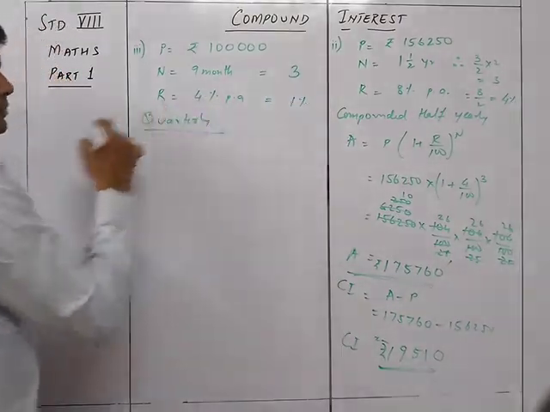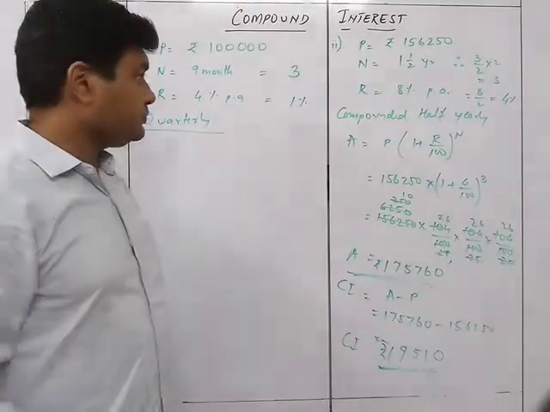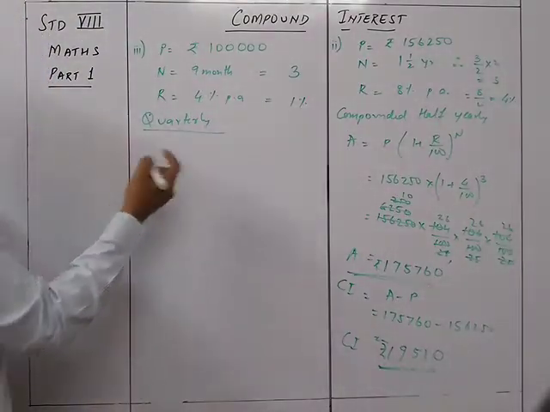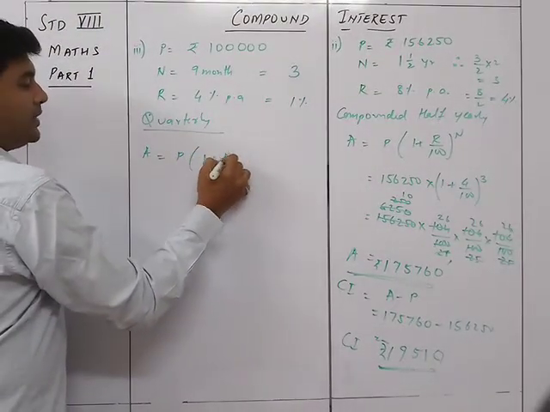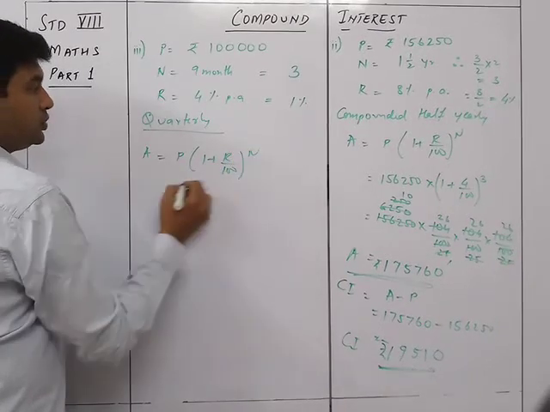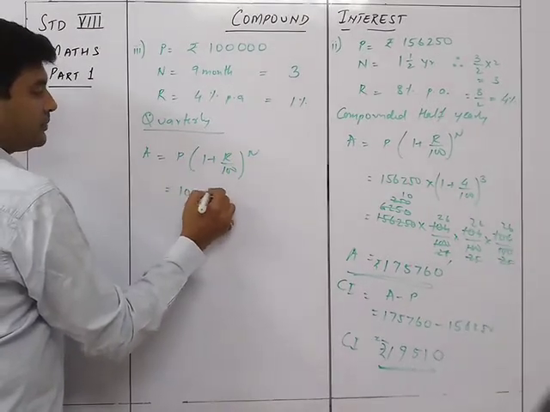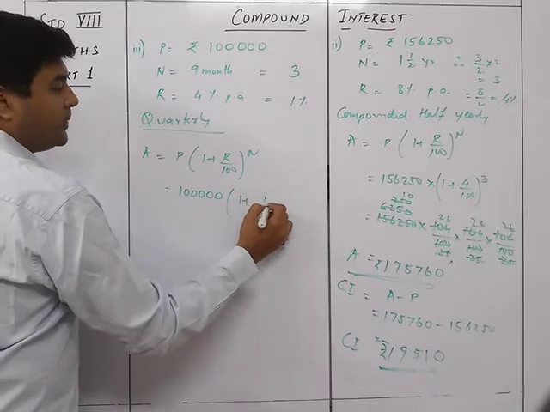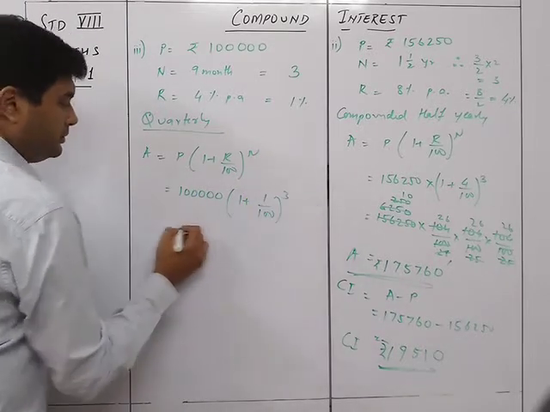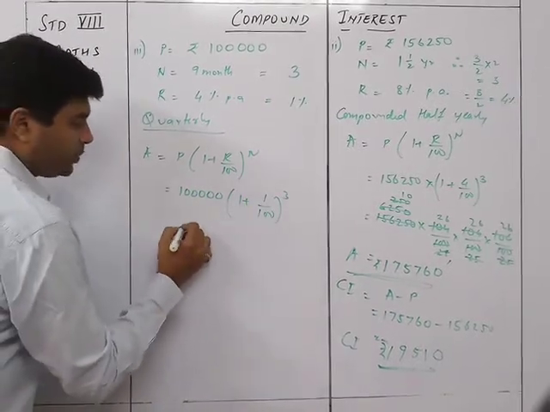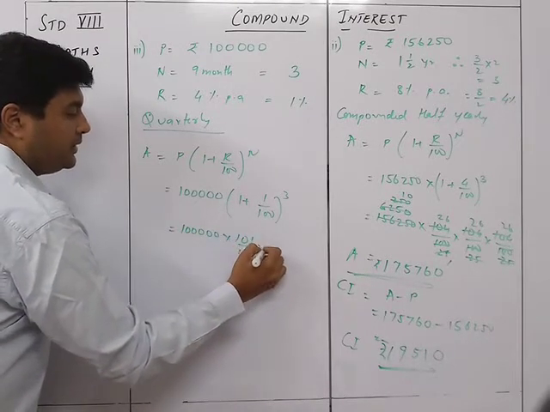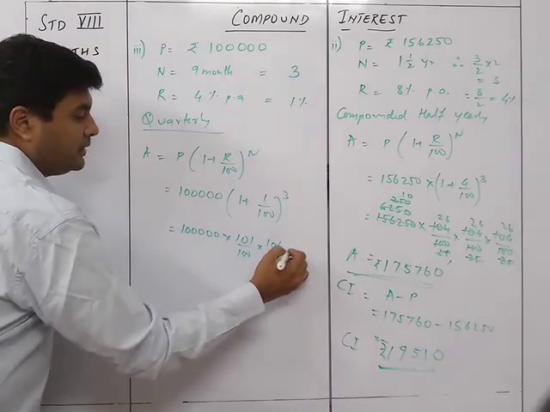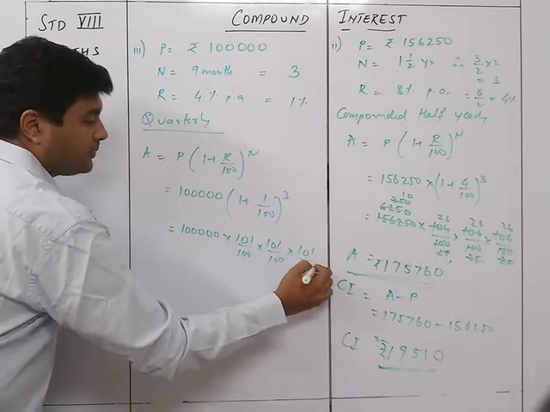Accordingly, the amount will be P(1 + R/100) raised to n. So that is 1 lakh into (1 + 1/100) raised to 3, which is 1 lakh into 101/100 into 101/100 into 101/100.